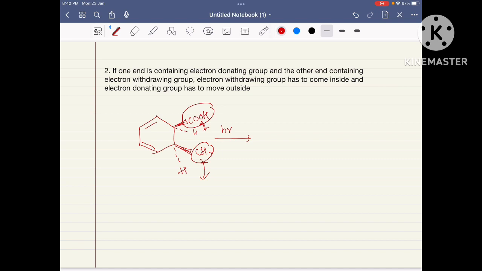Look at here, it is a 2 pi bond plus 1 pi bond system. So totally 3 pi bonds will be there. You know that it is a 6 pi electron system, and photochemical condition means you have to do conrotatory. First we'll write the basic product.